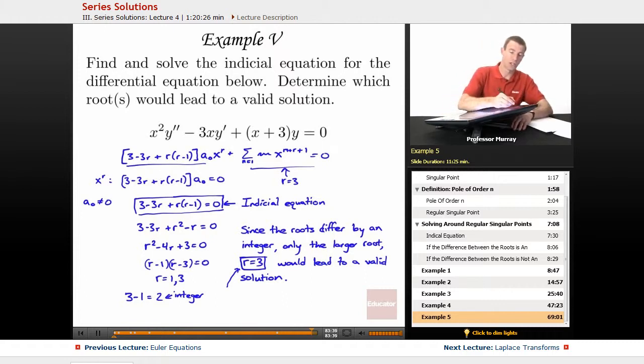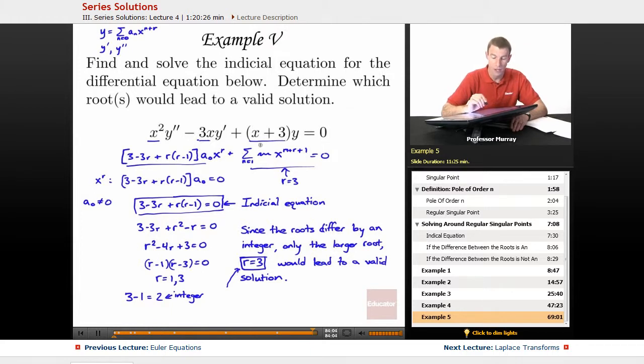We started out with our generic guess, y is equal to the sum from n equals 0 to infinity of a n x to the n plus r. We figured out y prime and y double prime, and then we multiplied y prime and y double prime by the various coefficients here, x squared, 3x, x plus 3, and so on.